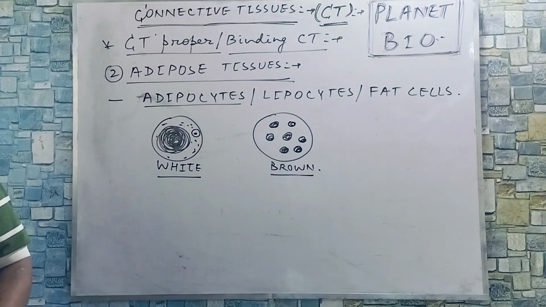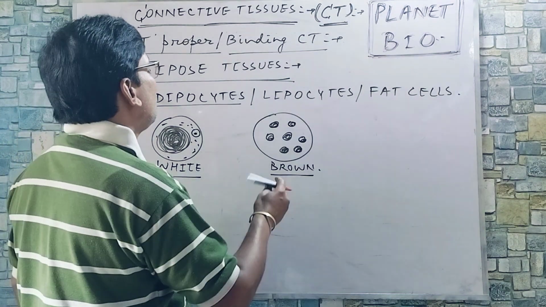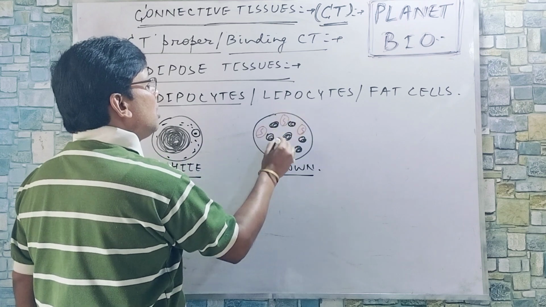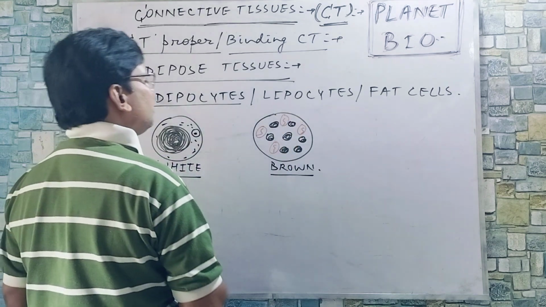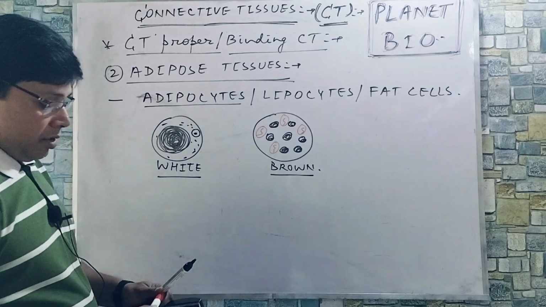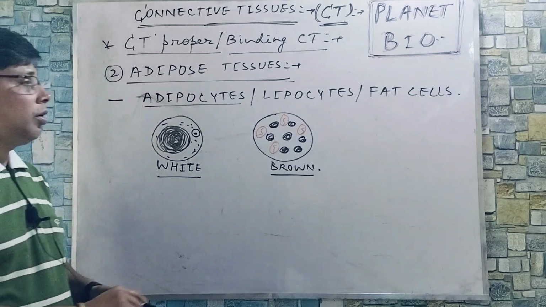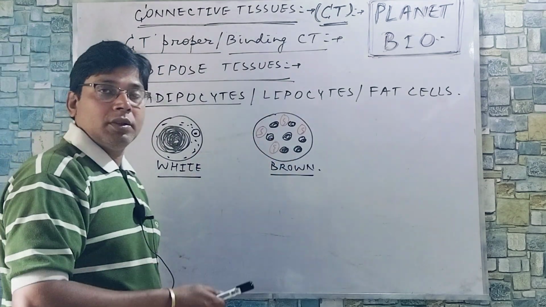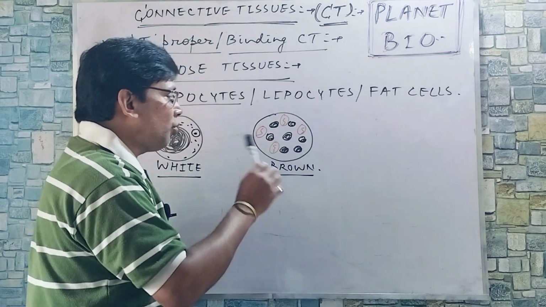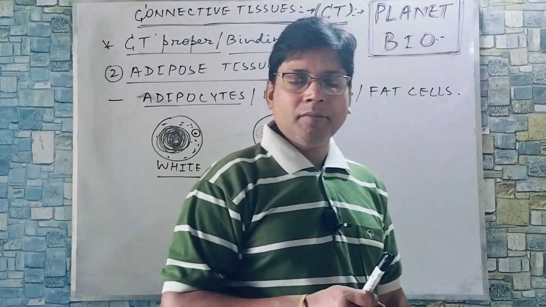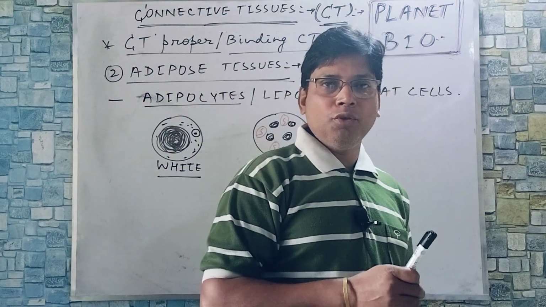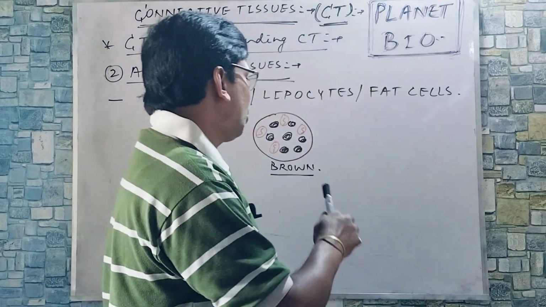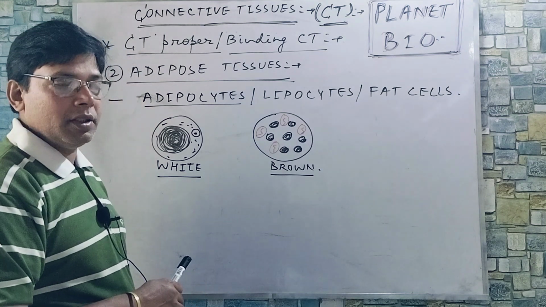Then you can find a number of mitochondria there. So brown adipocytes produce 20 times more heat energy, found in newborns and hibernating mammals. Newborns means neonates, newborn babies, and hibernating mammals produce 20 times more heat energy.